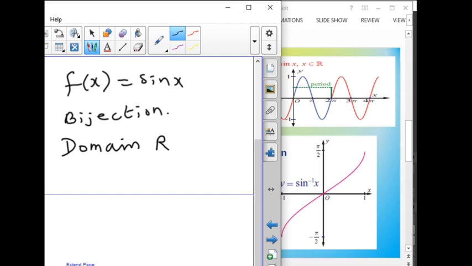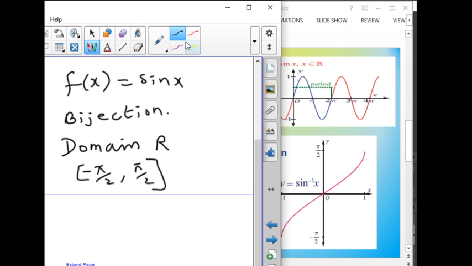So, the restricted domain for sin x, we take it as minus pi by 2 comma pi by 2. In this domain, sin x becomes 1 to 1 as well as onto. Therefore, we take the domain as minus pi by 2 comma pi by 2 to get sine inverse of x.